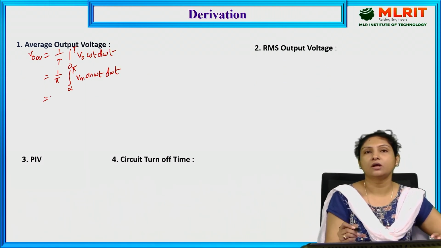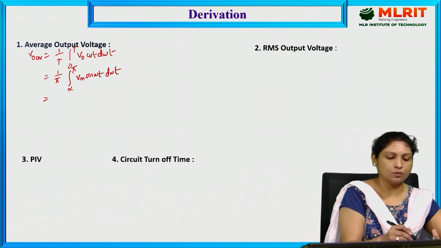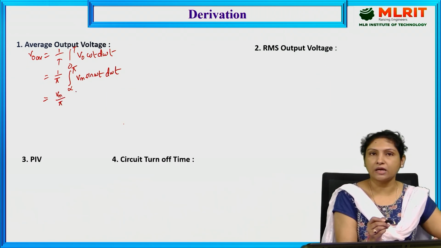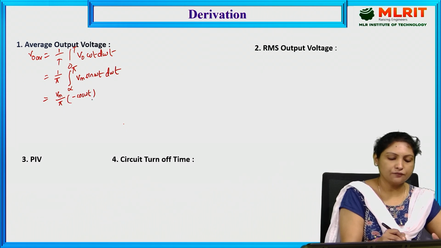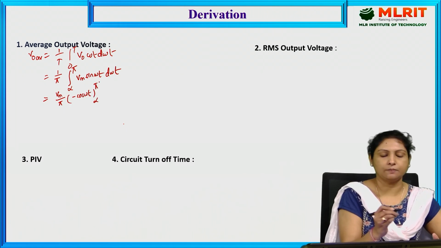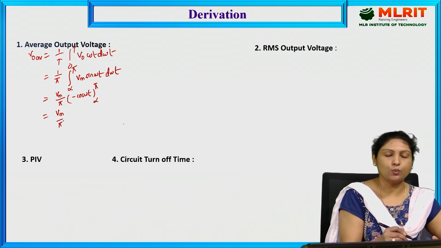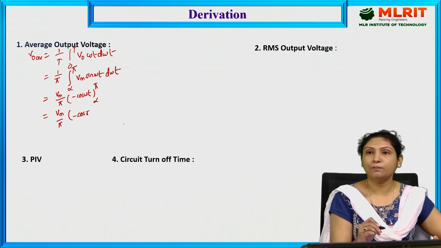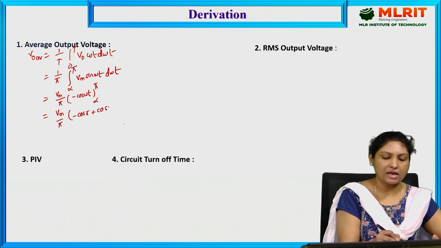In order to integrate this, let us take Vm constant out. We get Vm by pi, and integration of sine omega t is minus cos omega t, from alpha to pi. Applying the limits, upper limit minus lower limit, we get minus cos pi, minus of minus plus cos alpha.